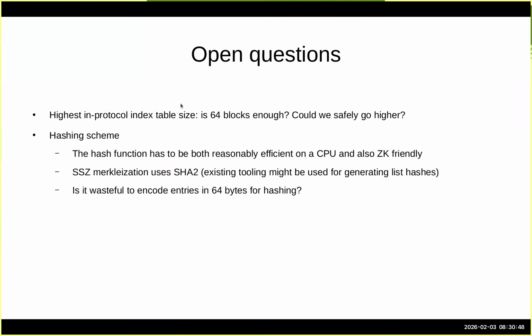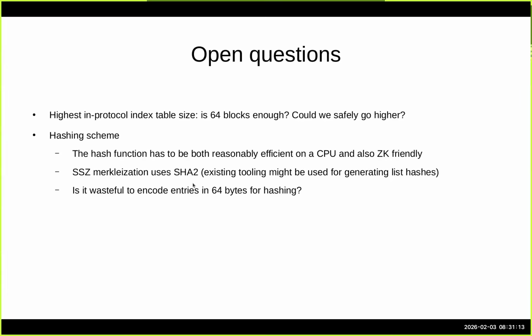But this is just about finding the optimum, and also the hashing scheme. I just said let's use the SSZ list merkleization, but we don't necessarily have to use it. More specifically, I'm honestly not sure what the most ZK-friendly hashes are now.